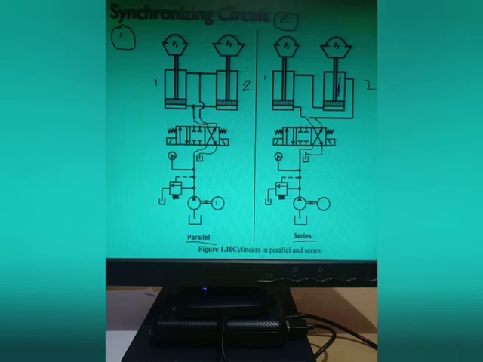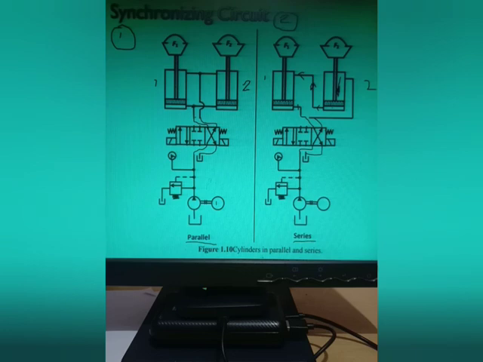As it comes downward, whatever oil is stored here will move from here to here, and from here to actuator number 1, and immediately actuator number 1 will also start coming downward, and whatever oil is in actuator number 1 will come through this return line to here, and through the direction control valve it will go to the reservoir.